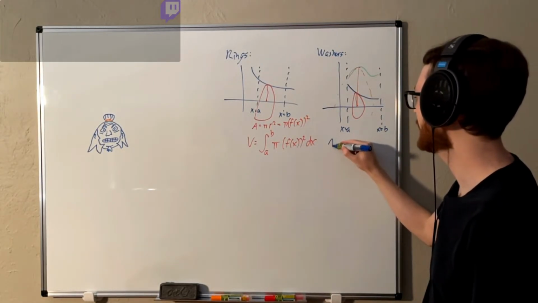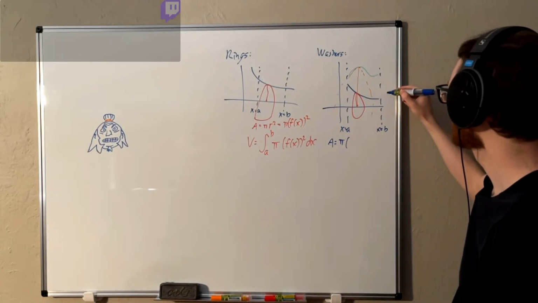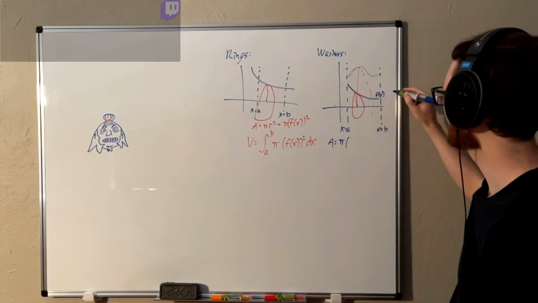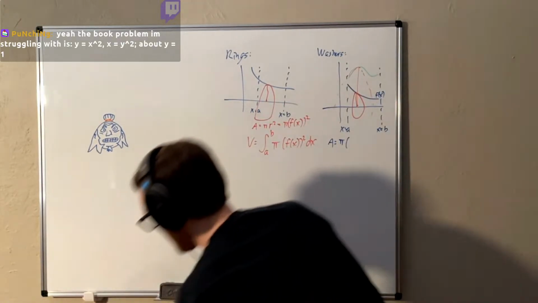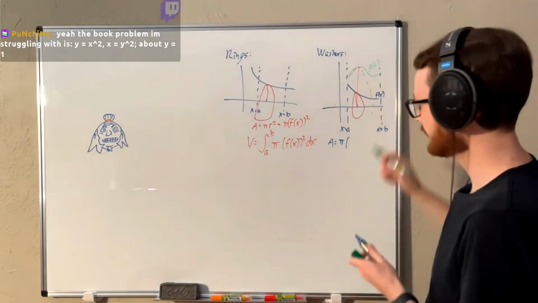So the area here is pi times, let's call that f of x and call this g of x.